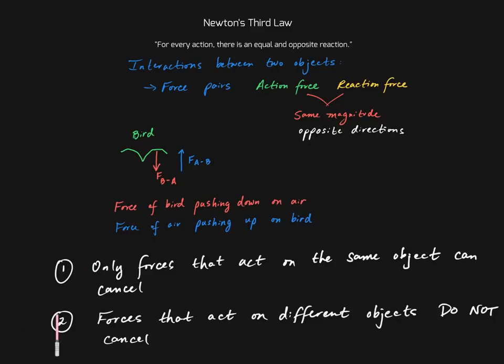When we're looking at one object, forces that act on that object can cancel out because they only impact the motion of that one object. However, when we analyze force pairs acting on different objects, we cannot say those forces cancel out, because the action and reaction forces affect the motion of two different objects.